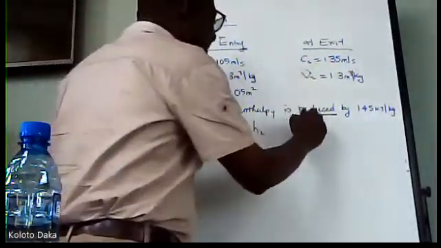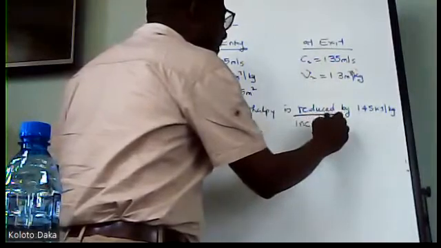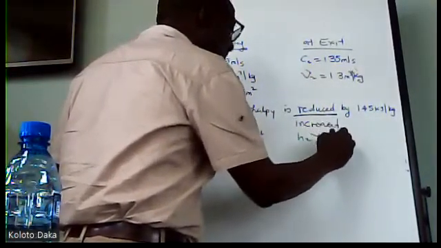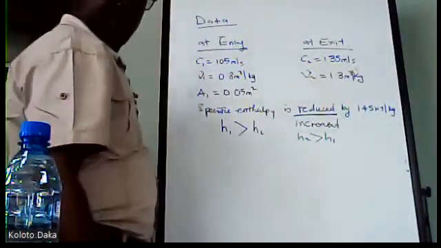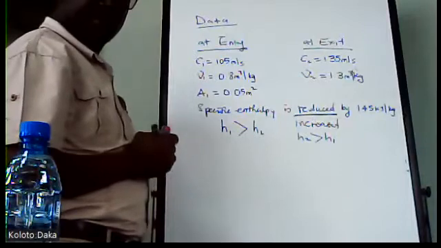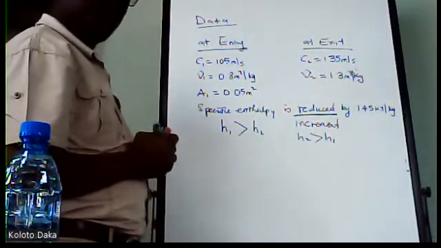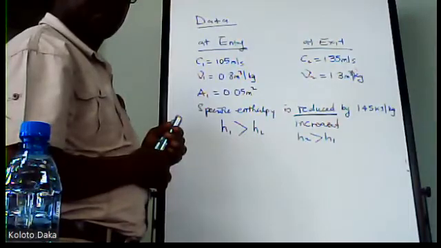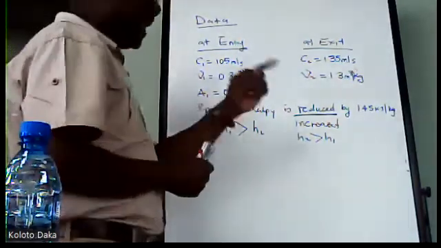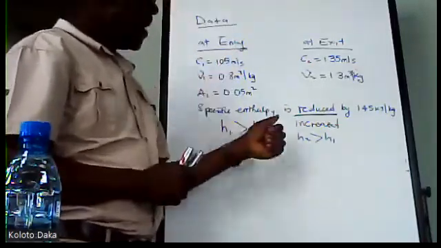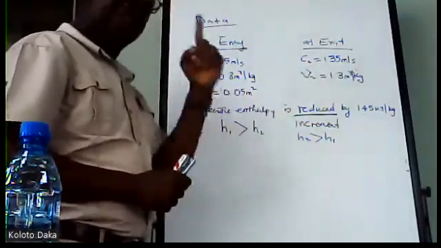If they had said it has increased, we are going to say H2 is greater than H1. Do you understand that concept? Yes, sir. So a reduction means H1 was higher. An increase means H2 is higher.